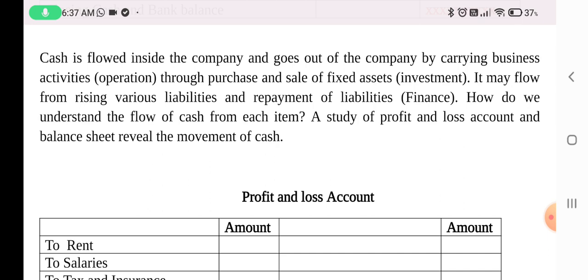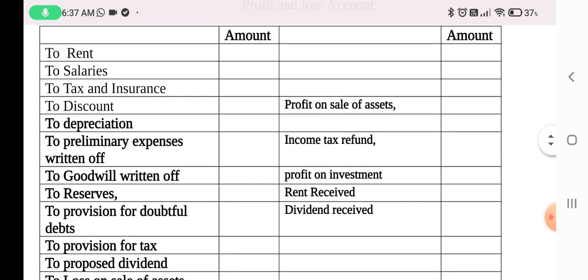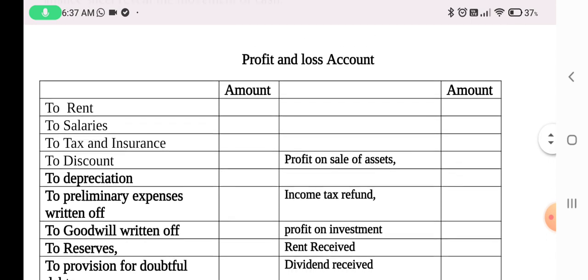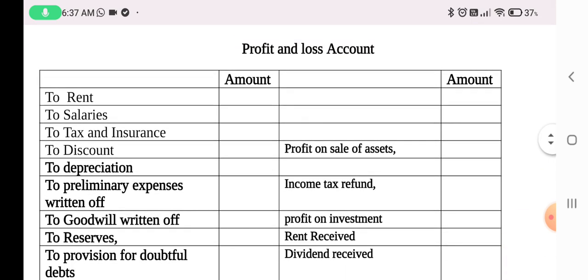You must know how to identify cash expenses and non-cash expenses in the P&L account. The bold expenses are non-cash expenditure. The others, such as rent, salary, tax, insurance and discount, are all cash taken from the company.